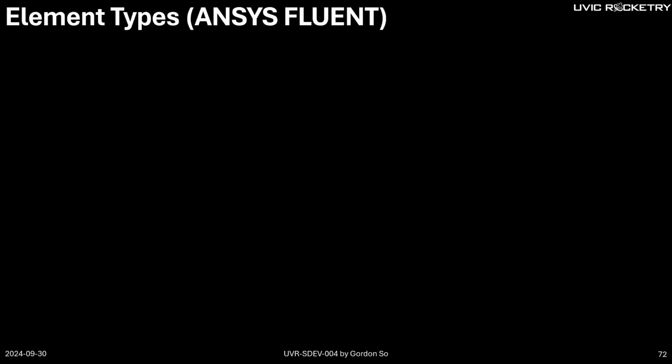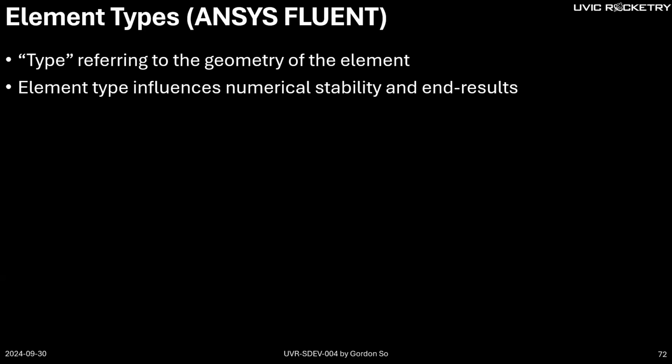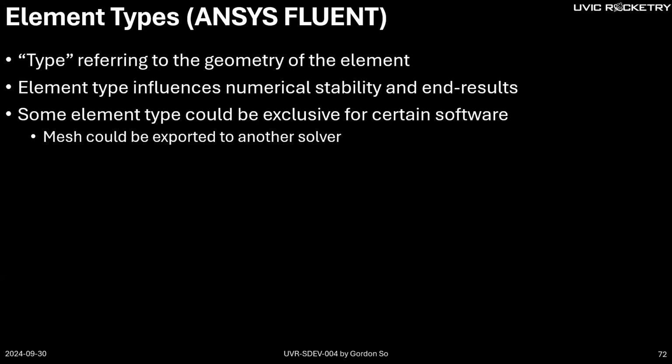In terms of element type, we're basically referring to how it looks and the geometry. It affects numerical stability so much, as we'll see in an actual case. And some elements could be exclusive. For example, one of these meshes is only available in ANSYS.